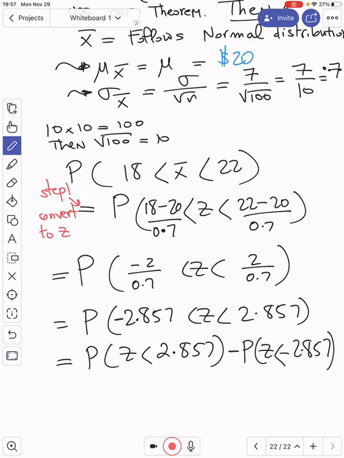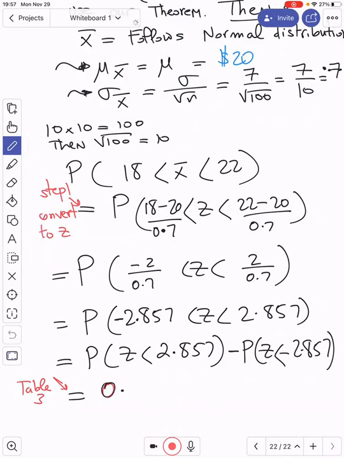Okay. Now we can use the table. This is from table number 3. Right. And so for 2.857, I guess the nearest 10th is 2.8, nearest 100th is 0.05.